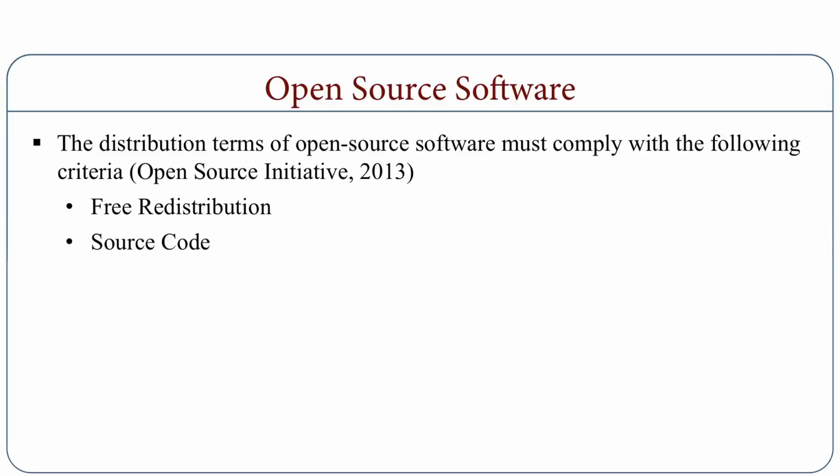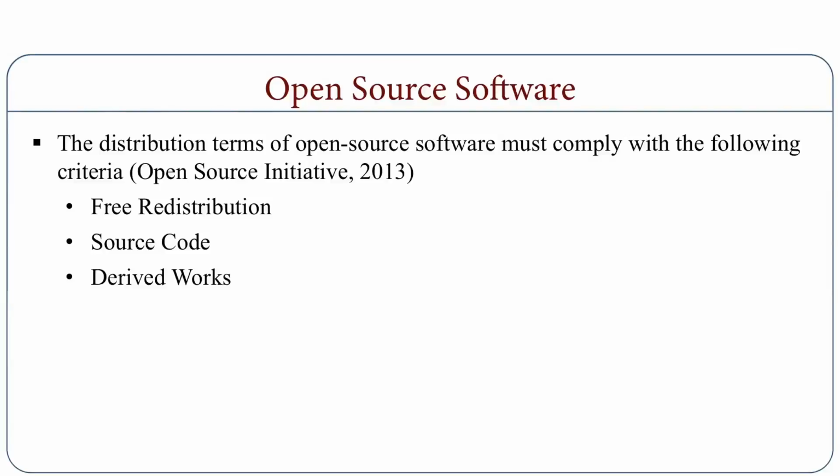Second is source code, that is, along with the binary code, the installable code, even the source code, where a user is able to modify the software, should be given to the user, and the user should be able to look at the code and also modify it.